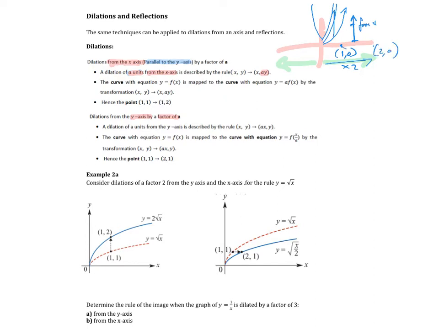So it's the x-coordinate that gets affected if we stretch away from the y. All right, and again, same sort of thing. The x value gets multiplied by A. Now, this is how it appears in our function notation, but let's have a look and show how we get that.